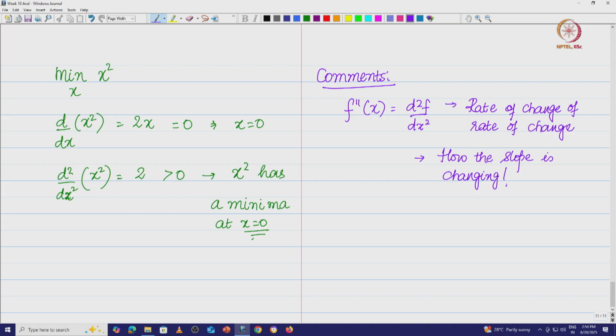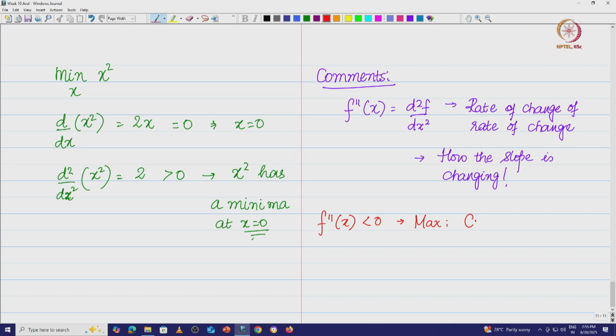Okay. So, what are we going to do? We are going to make these two comments. We are going to say f double dash of x less than 0 means you have a maxima.